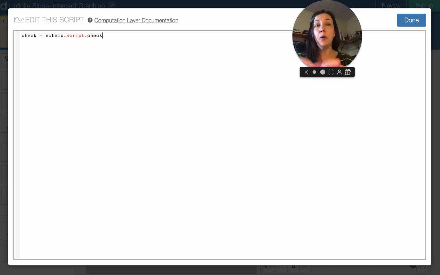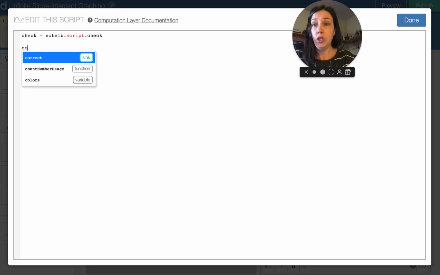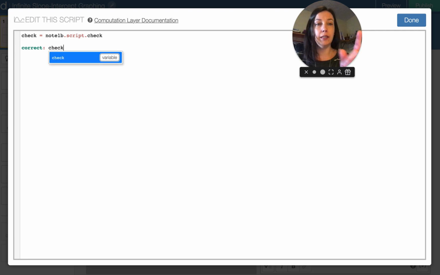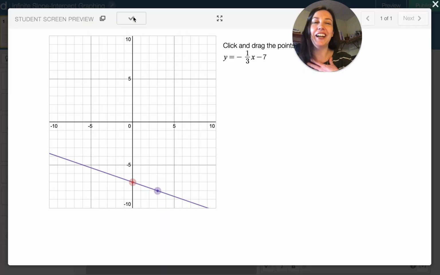So that's pulling the check part of the note into this component, because this is the only place I'm allowed to use the correct sync. Correct? Well, if the check happens, it's correct. Let's see if it works. All right, so I'm going to preview. God, that feels so good.